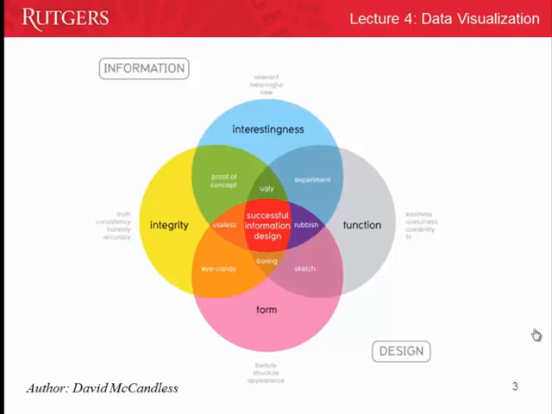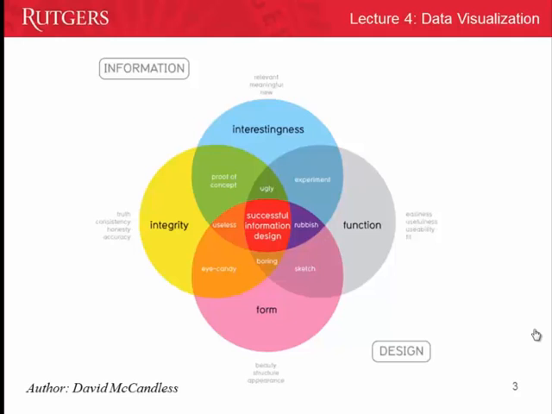For example, if you only have the interestingness, the function, and the integrity without form, your data presentation will be ugly. While if you only include the interestingness, integrity, and form without function, your data visualization will be useless.